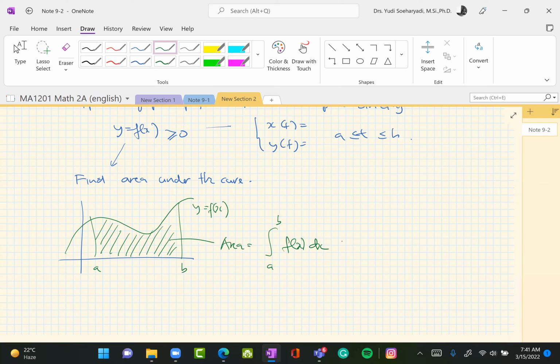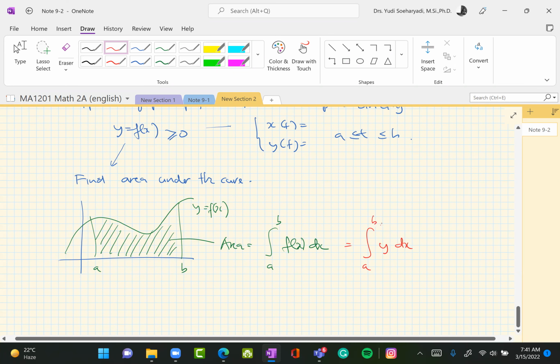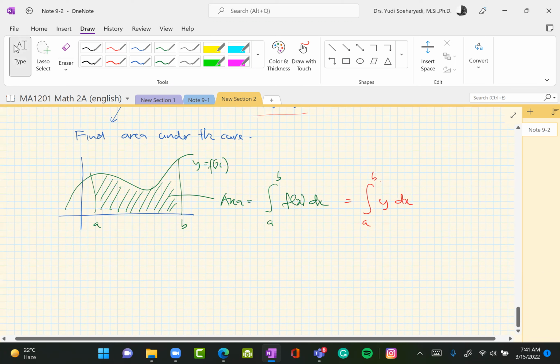Or we can write this down as y dx. But we have this representation in parametric form.